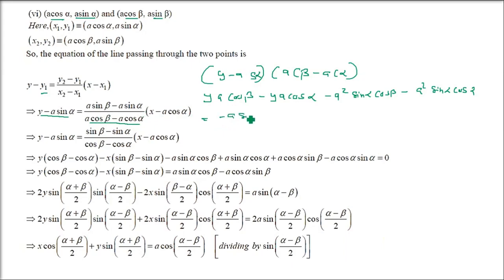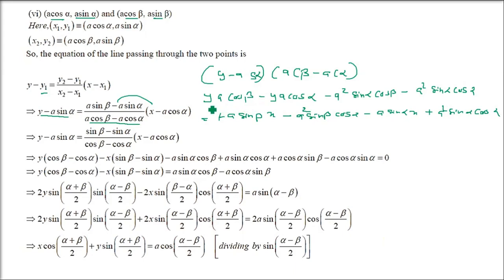Why? Because if you multiply y with cos beta minus cos alpha, and on the right hand side you have x into sin beta minus sin alpha, we already have the trigonometric ratio for that. So this kind of solution is either you multiply all those and try to rearrange them, and the best method is to find where we are getting the trigonometric equation that we can expand.